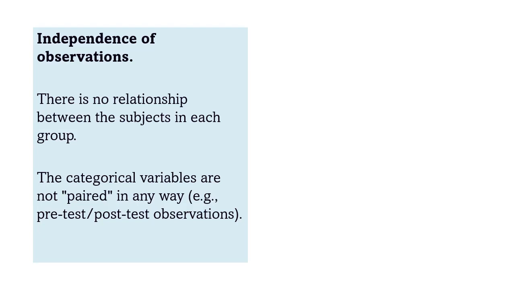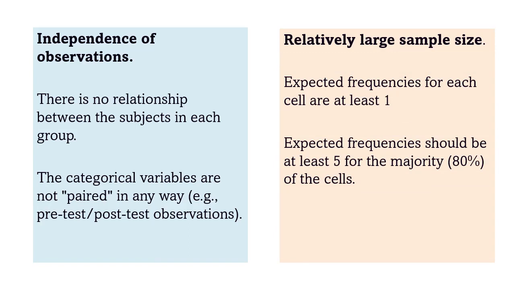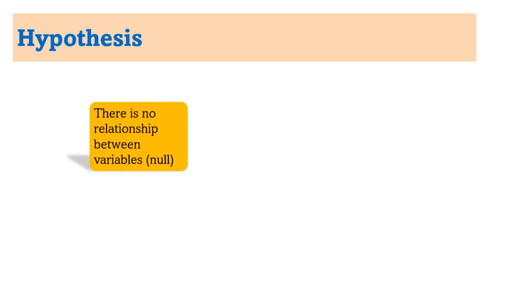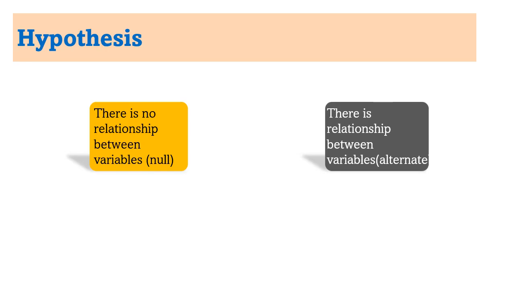The concept of relatively large sample size we have also discussed, that the expected cell frequency for each cell should be at least 1 and the expected frequency of the majority of the cells, that is the 80%, should be at least 5. The null hypothesis of chi-square test of association states that there is no relationship between the variables, whereas the alternate hypothesis states that there is a relationship between the two variables.